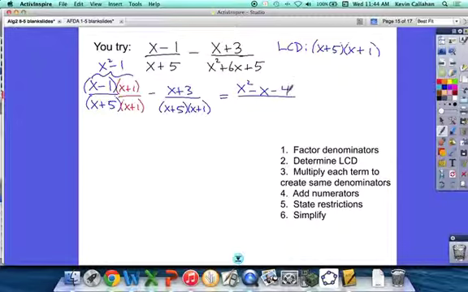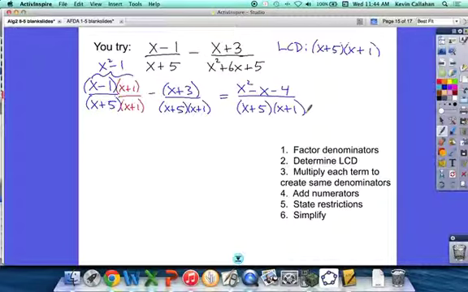I hope I got that right. It looks like it. Remember that this minus sign is changing the sign of both terms in the numerator of the second fraction. And we have x plus 5 times x plus 1.